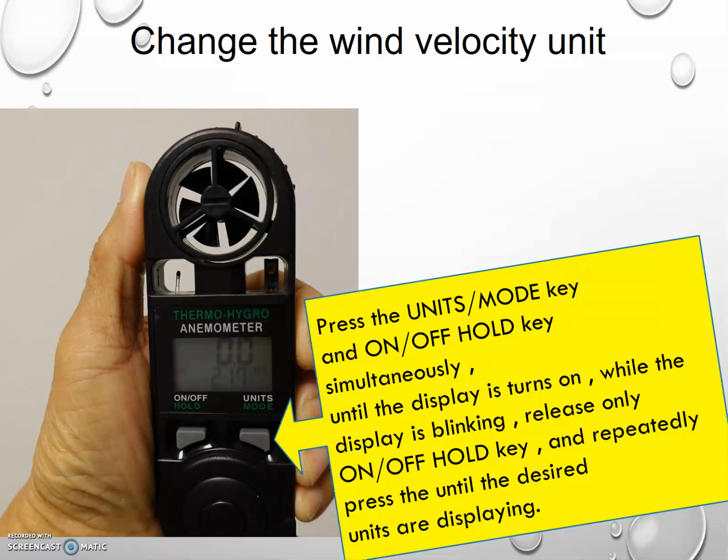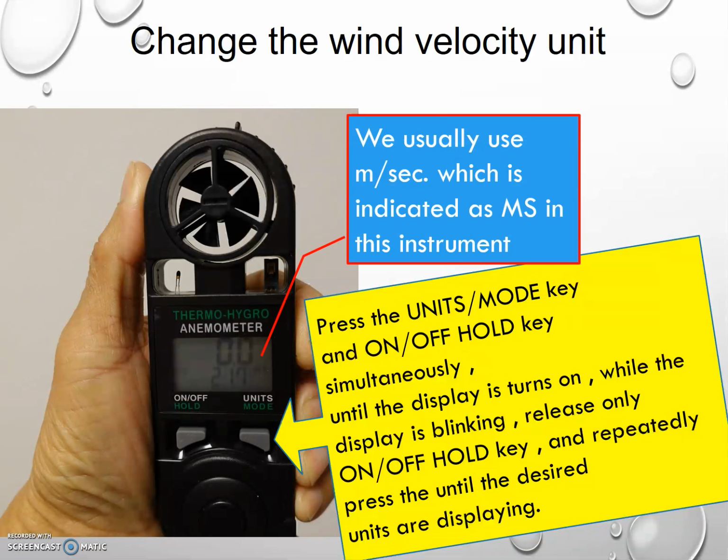You will find that the display is blinking. Then release the on and off key and repeatedly press the unit that you desire. In Hong Kong, the DSE geography examination usually uses meters per second. In this instrument, it is indicated as m/s.